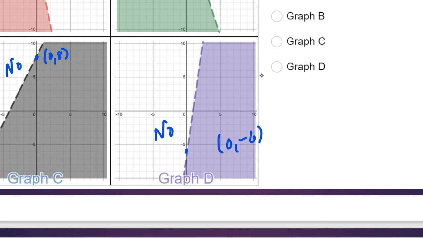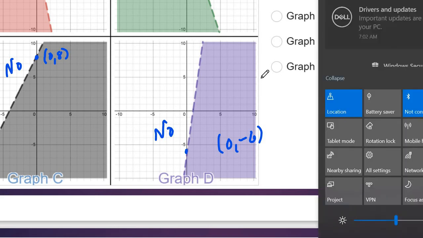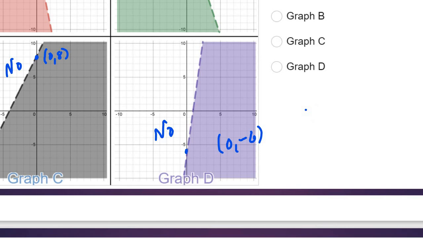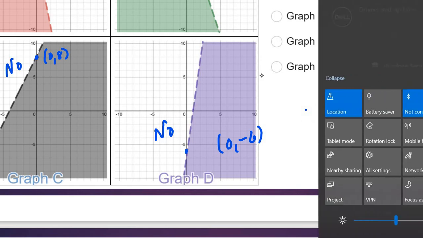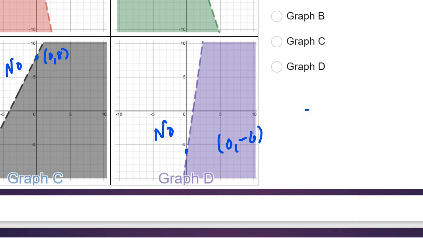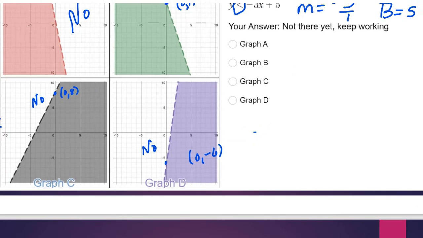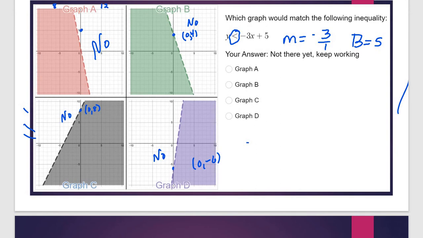So no, this is not it. Now let's go back and double check these others and make sure that we did not make a mistake. Oops, let me get this out of the way and get this back to small.